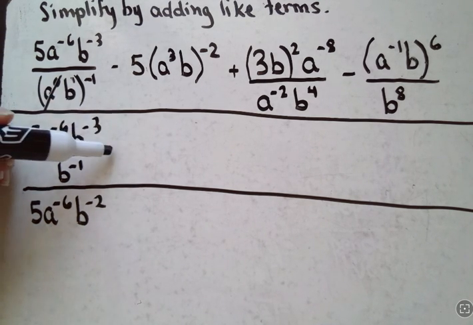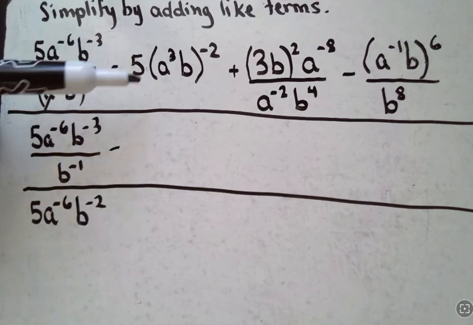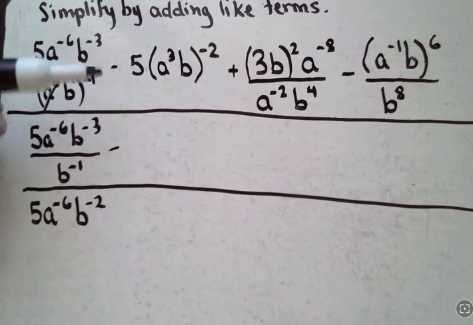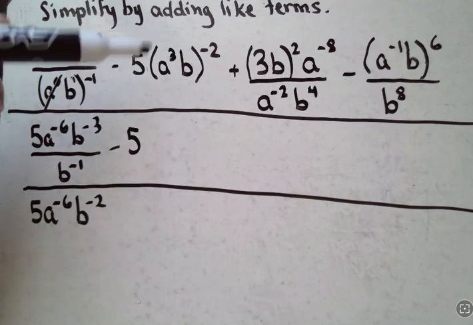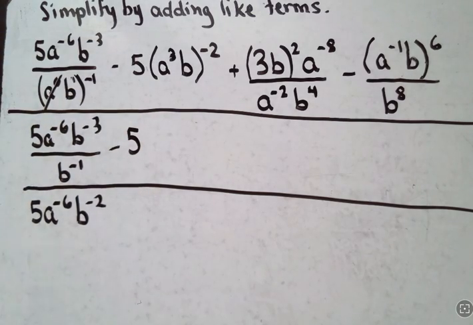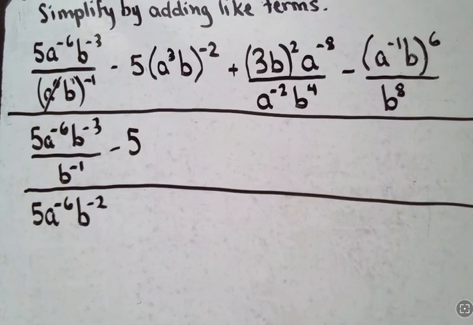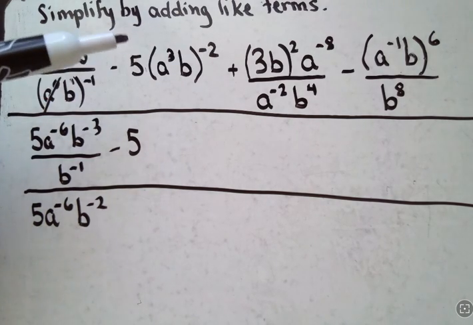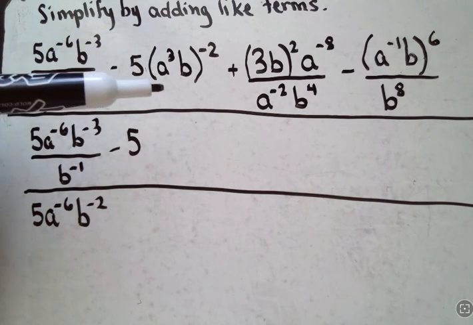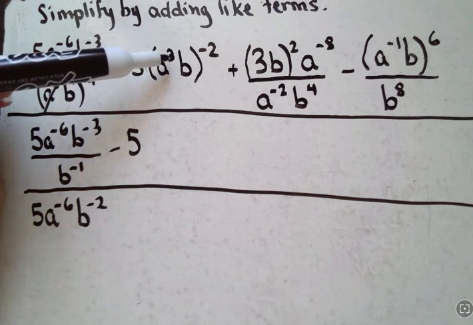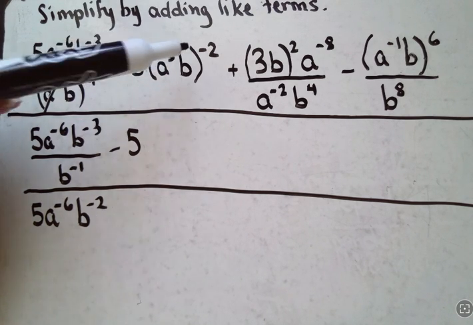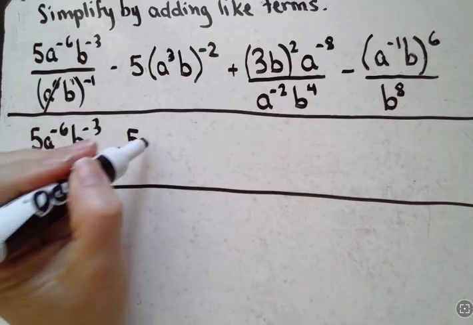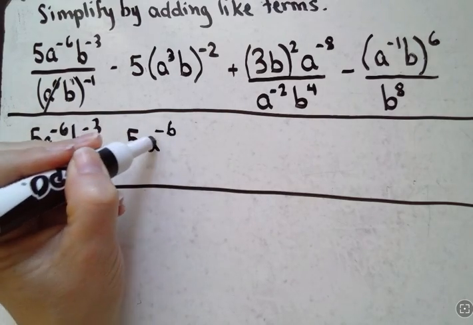So I'm going to go on to the next term. I have 5, that's pretty simple, and then I have this a cubed and b inside of the parentheses. So again, I'm using the power rule. I have to multiply the exponents because it's in parentheses taken to another exponent. So I'll take a to the 3rd, and that 3 gets multiplied by -2. So now I have 5a to the -6.